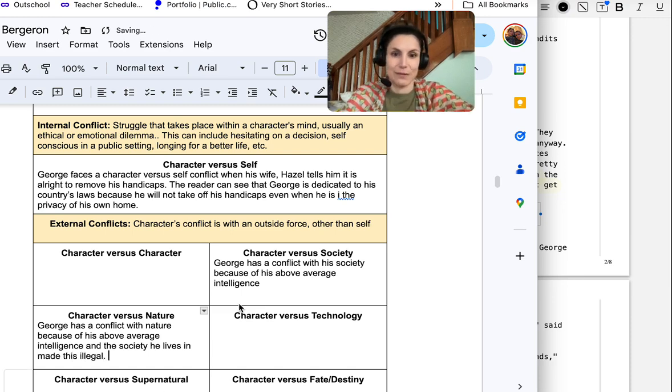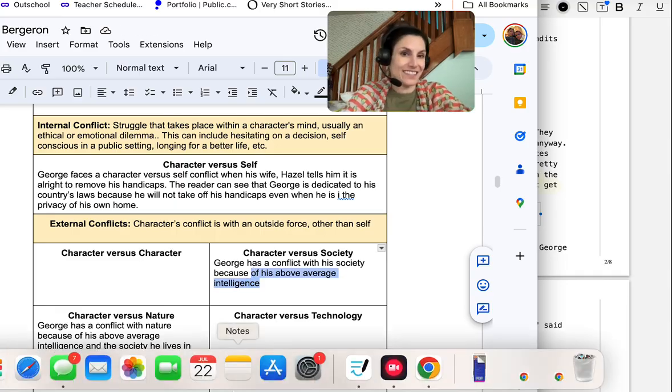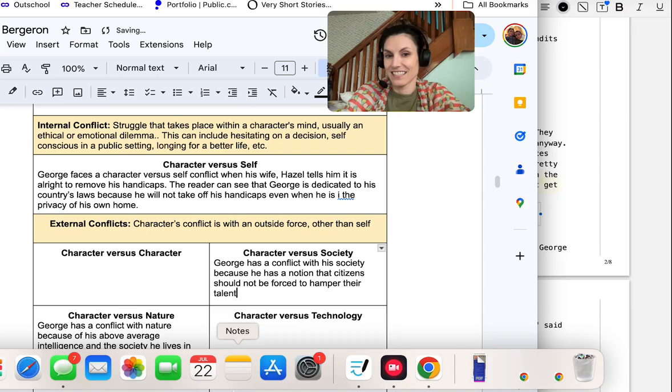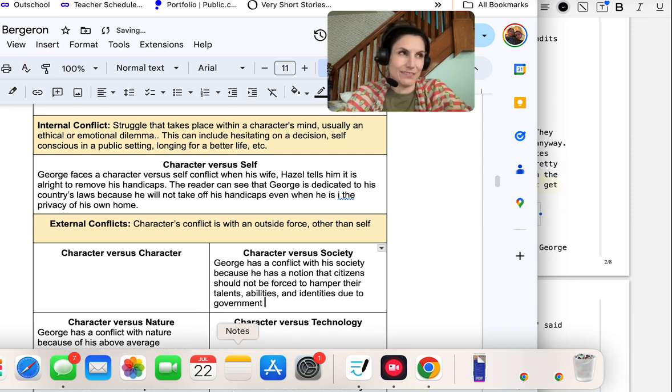All right, so when we say his conflict with society, because he has a notion that citizens should not be forced to hamper their talents, abilities, and identities due to government policies. So that would be one.